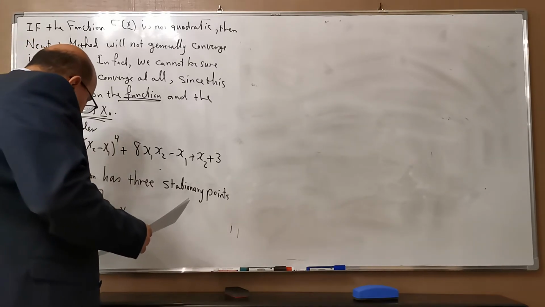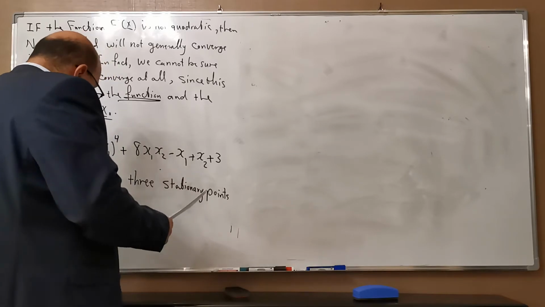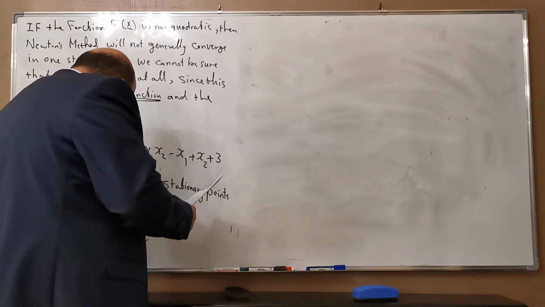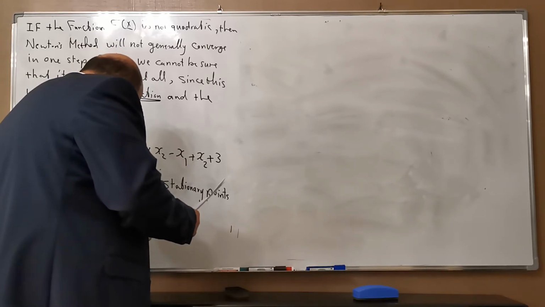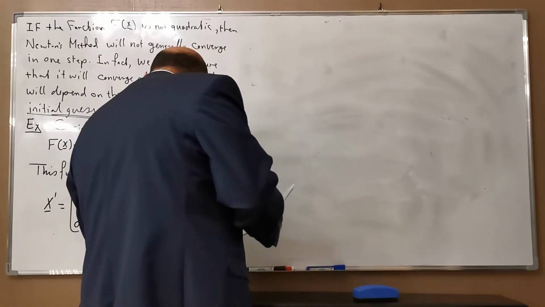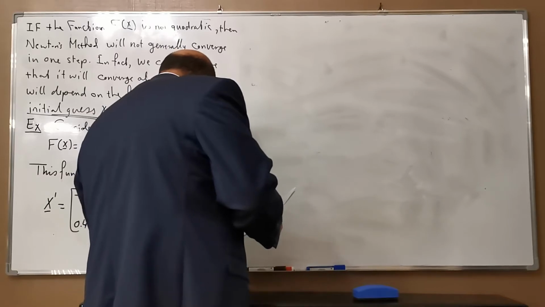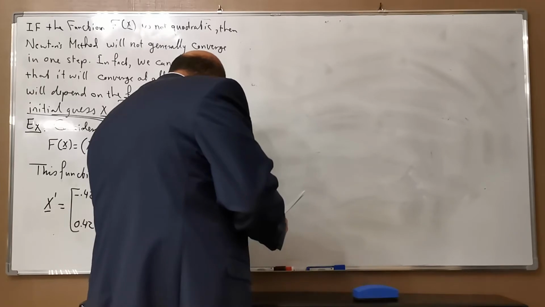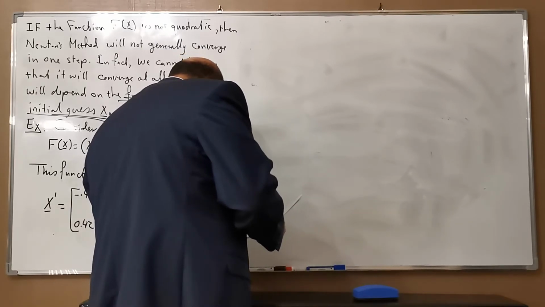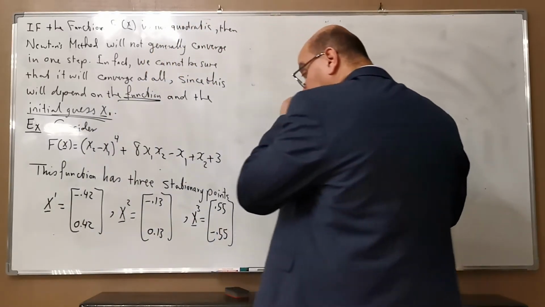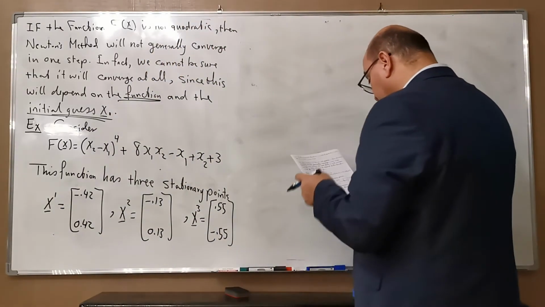The second stationary point, x2, is equal to minus 0.13 and plus 0.13. And the third stationary point, x3, is equal to 0.55 and minus 0.55. So you have three stationary points for this function.